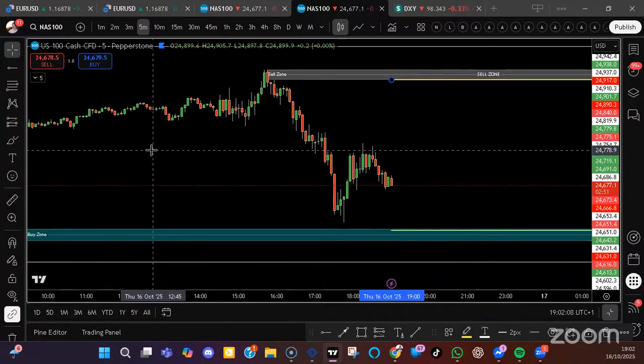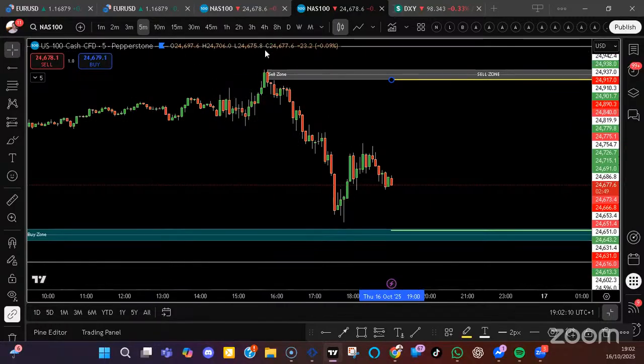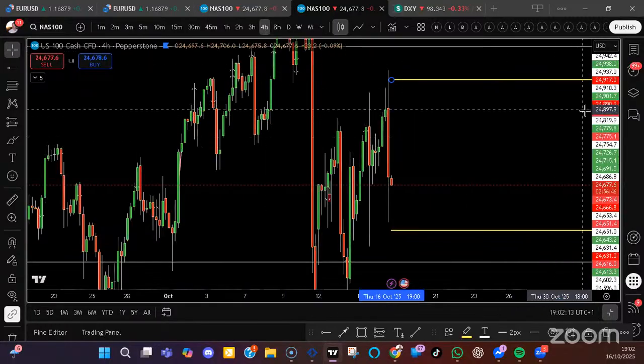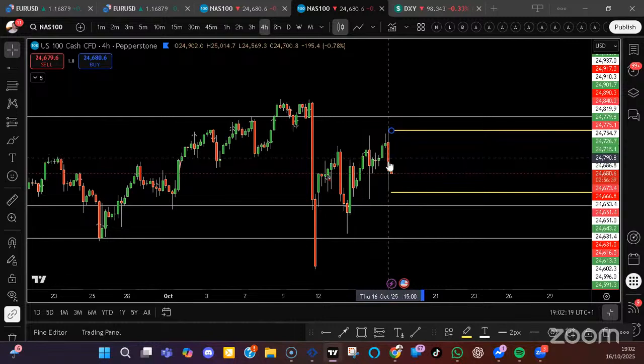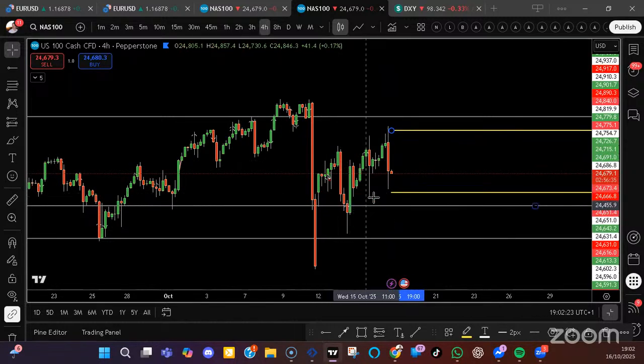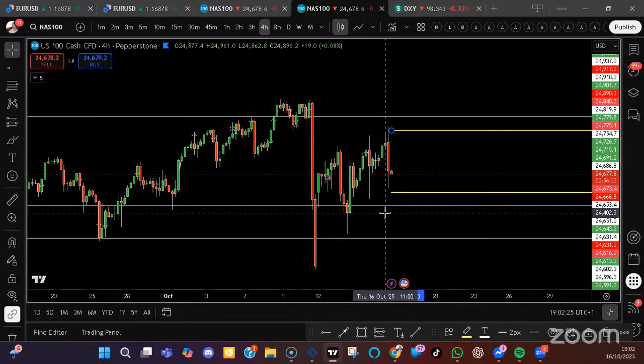So hang on, turning it over to the bigger picture on the 4-hourly time frame. We can see the previous candle, we've got fair value gap that needs to be filled, but it looks like it's concentrating on going down.